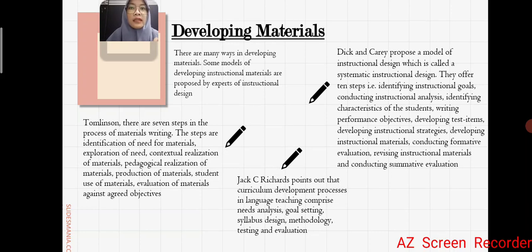They offer 10 steps: identifying instructional goals, conducting instructional analysis, identifying characteristics of the students, writing performance objectives, developing test items, developing instructional strategies, developing instructional materials, conducting formative evaluation, revising instructional materials, and conducting summative evaluation.